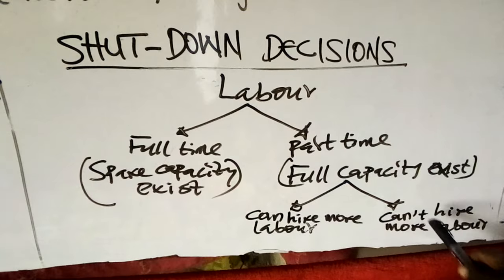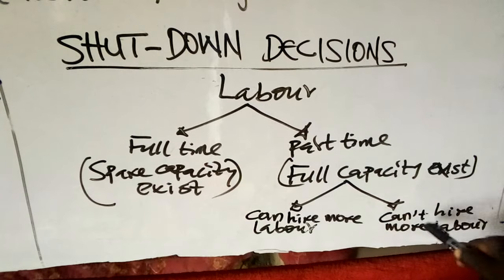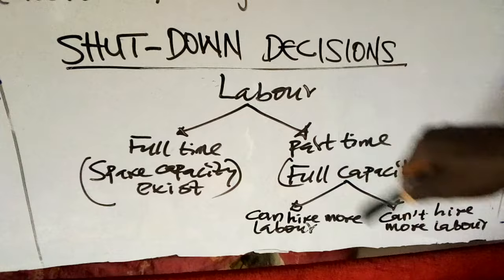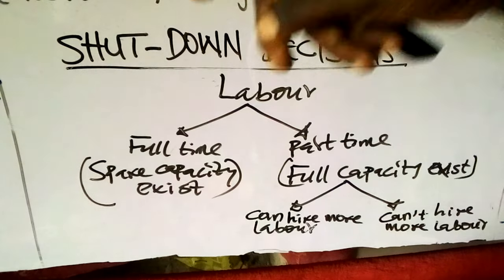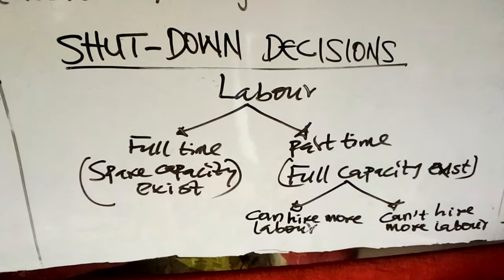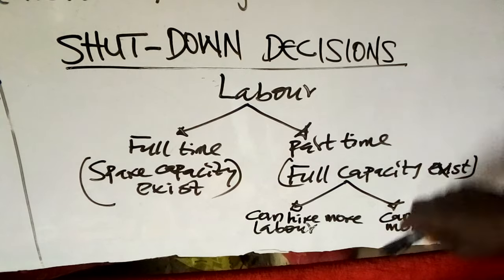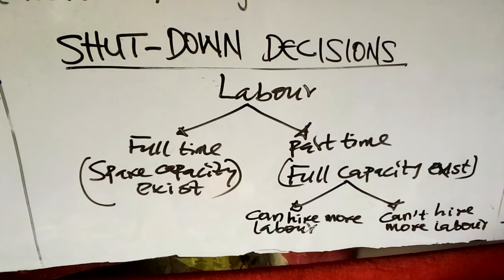If you divert labor from the other department, then the contribution from that department will be lost. So the opportunity cost of diverting that labor will be the relevant cost of that labor.